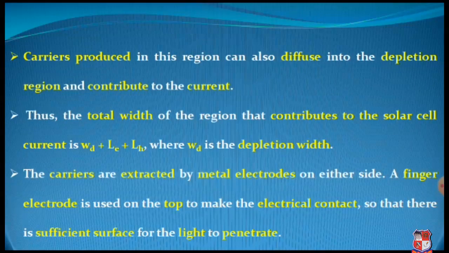Carriers produced in this region can also diffuse into the depletion region and contribute to the current. Thus, the total width of the region that contributes to the solar cell current is WD, that is the depletion width.